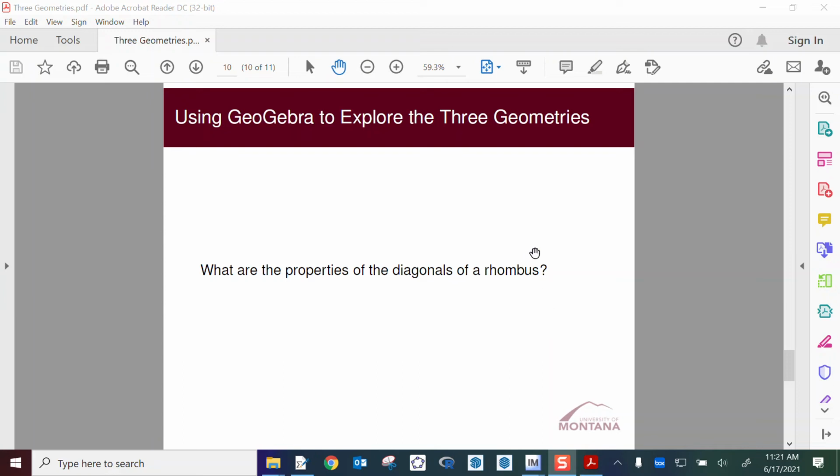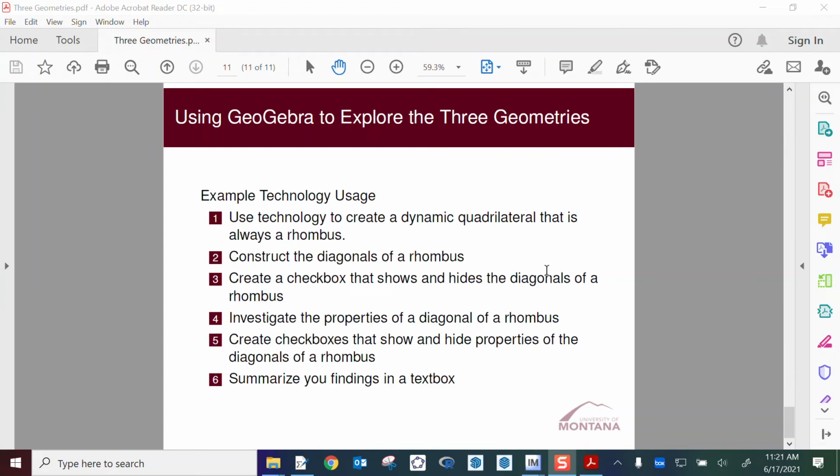Let's use technology to create a dynamic quadrilateral that is always a rhombus, and then we'll construct the diagonals, and then we'll create a checkbox that shows and hides the diagonals of a rhombus, and then we'll investigate the properties of the diagonals. And then we'll create checkboxes that show and hide the properties of the diagonals of a rhombus and summarize our findings in a text box. Sounds like a lot, but let's take a look.